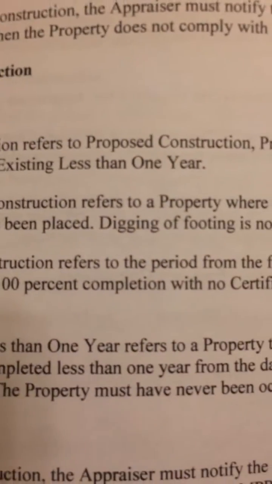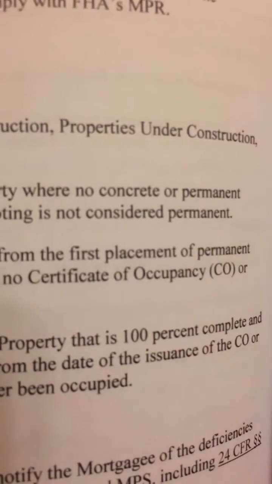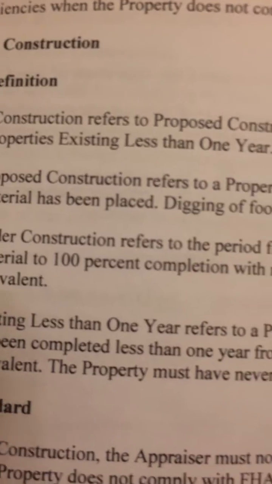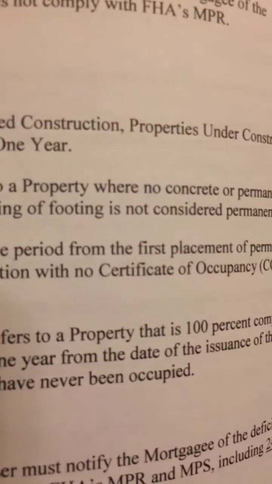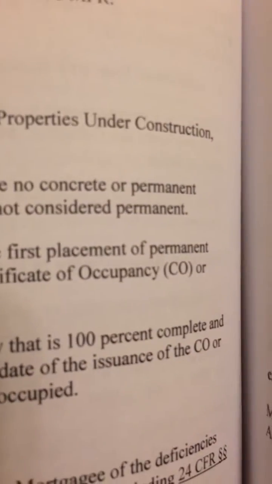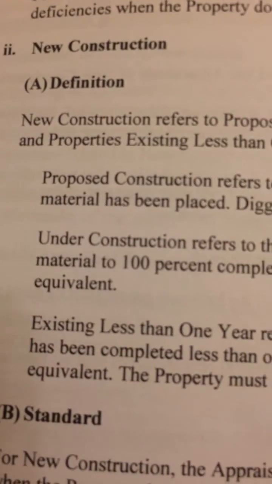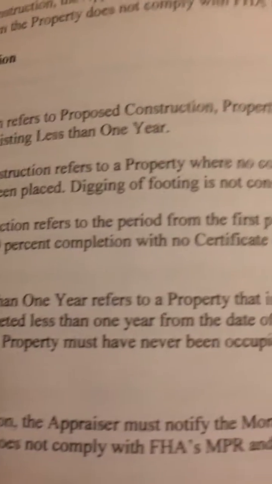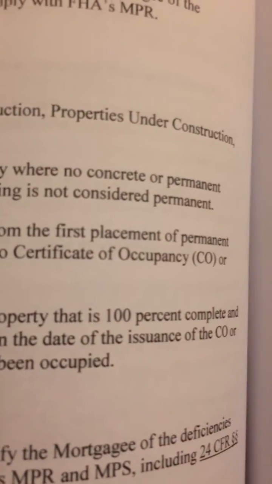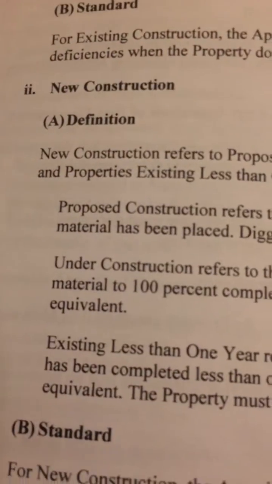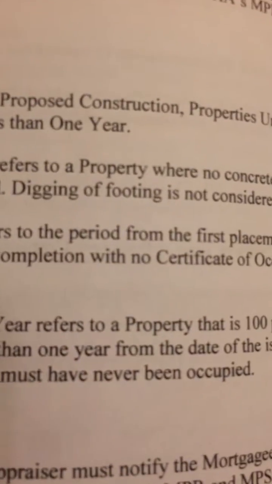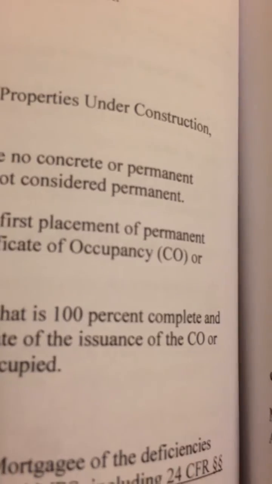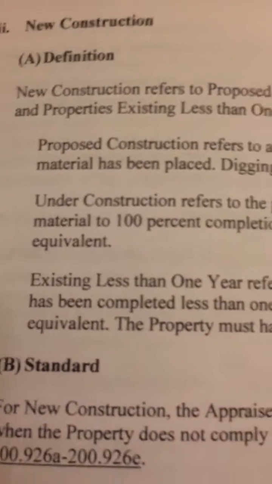Under construction refers to the period from the first placement of permanent material to 100% completion with no certificate of occupancy, CO, or equivalent. Existing less than 1 year refers to a property that is 100% complete and has been completed less than 1 year from the date of the issuance of the CO or equivalent.